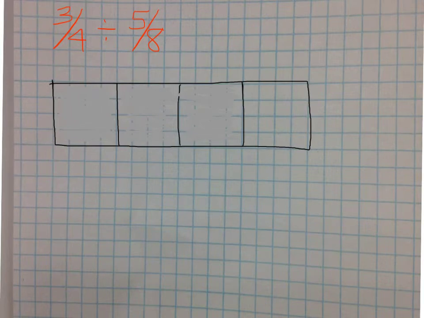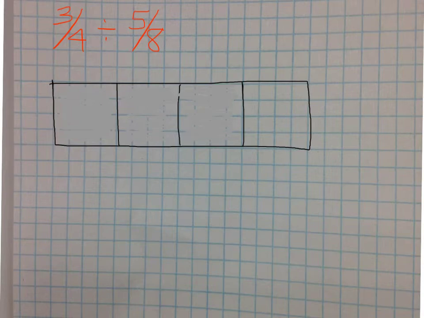So let's try another division problem. 3/4 divided by 5/8. So we've started with our diagram of 3/4, and now we've got to divide that into groups of 5/8. We want to see how many 5/8 groups we can get out of this. Well, this one's a little bit different because my denominator is not the same, so let's think about this.